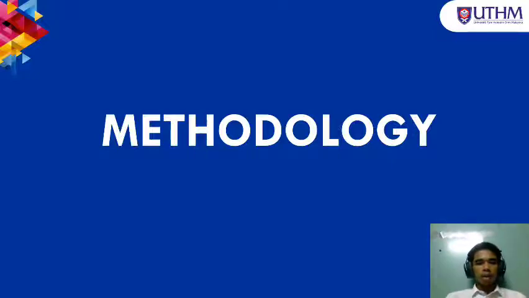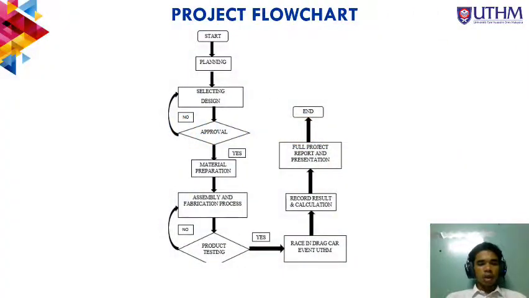We plan for almost 2 weeks, select a design, and ask the doctor to approve, yes or no. After 3 weeks of approval, we make preparation of materials, and buy things like a wheel, a bottle, or anything.